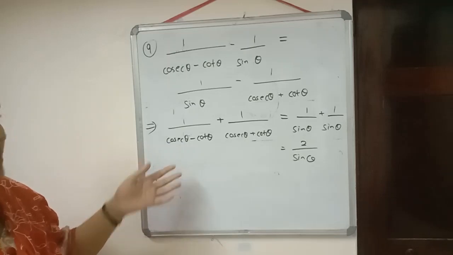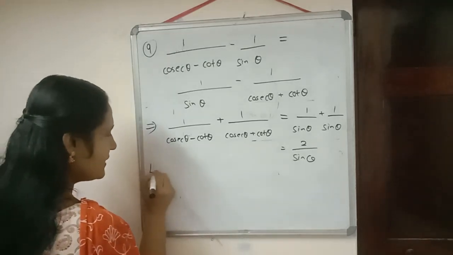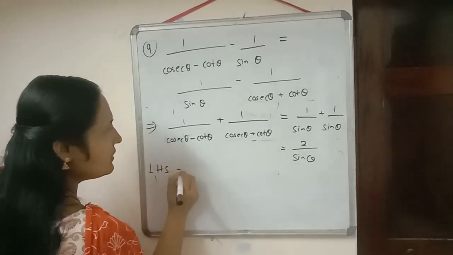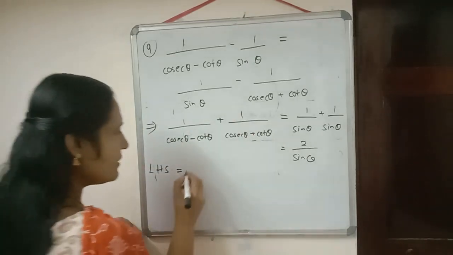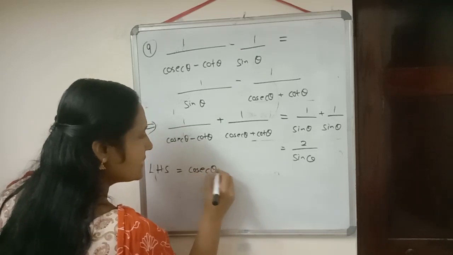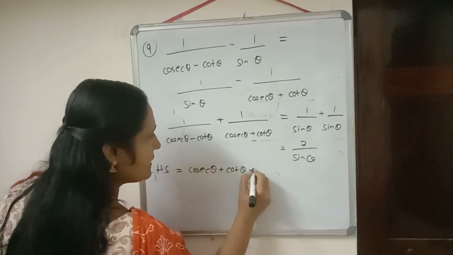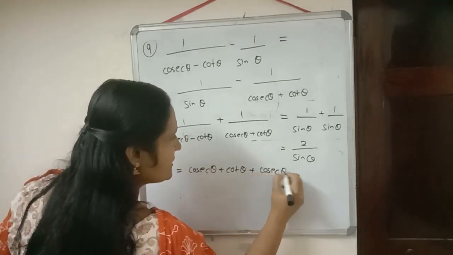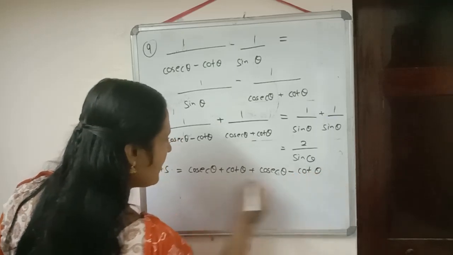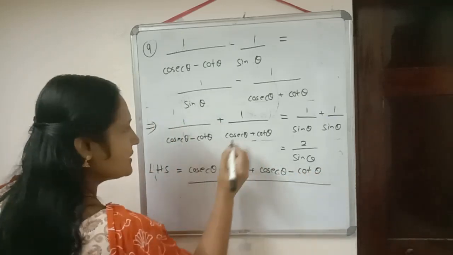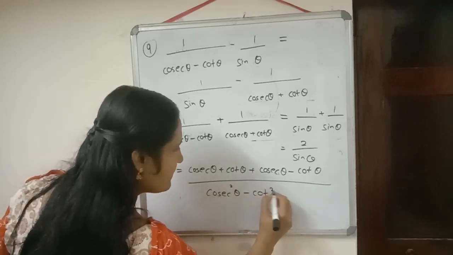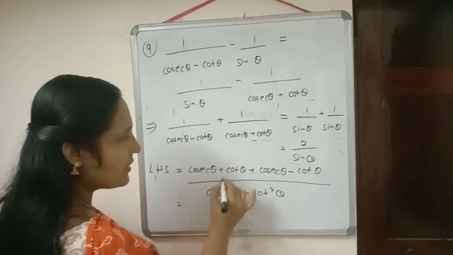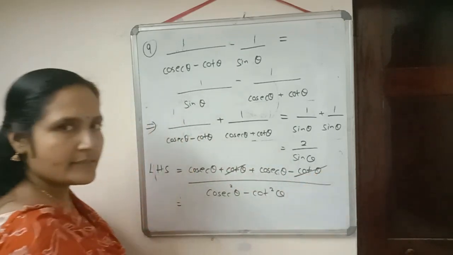What do you want? Shall we do it in this way only? No problem? Okay. So left hand side. Now what we can do is the cross multiplication. Then it will be equal to cosec theta plus cot theta plus cosec theta minus cot theta by cosec square theta minus cot square theta. Here cot theta and cot theta will get cancelled.